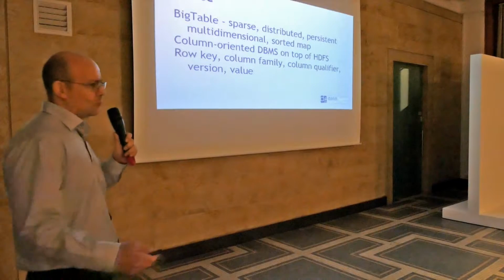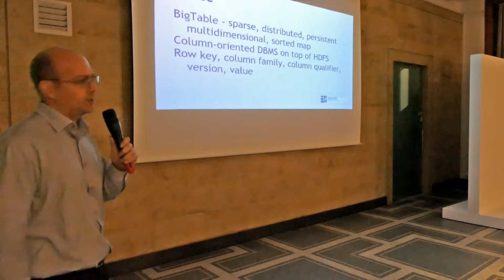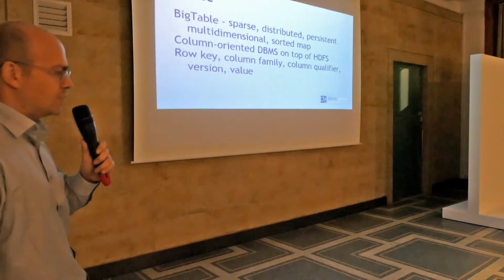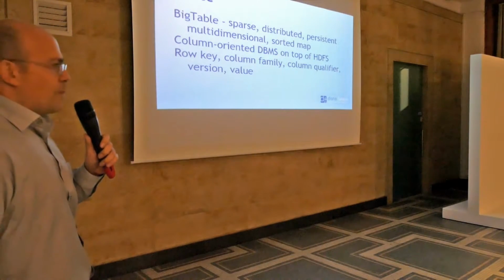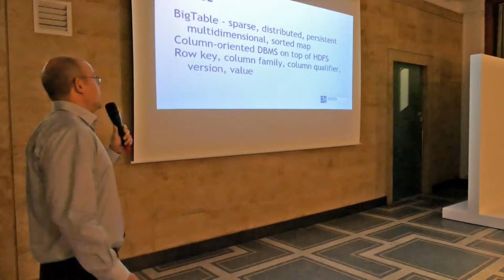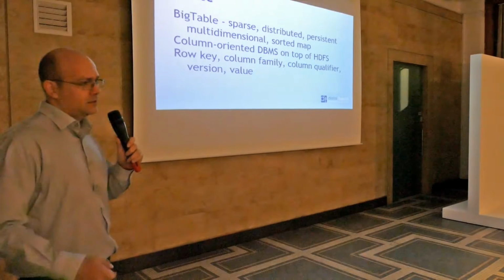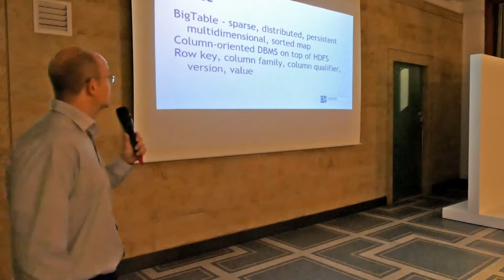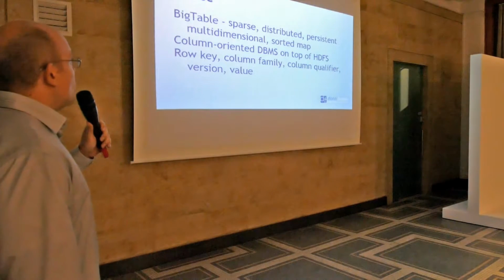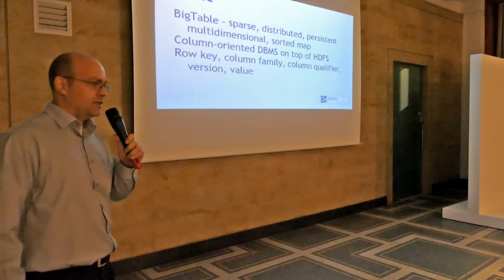All of you know what a map is. It's just a sorted map, so the keys are sorted. It's multidimensional, meaning that you have a kind of path in order to reach the value. The path is usually row key, column family, column qualifier. You have a version, and in the cell you have of course the value. It's a column-oriented database management system on top of HDFS.